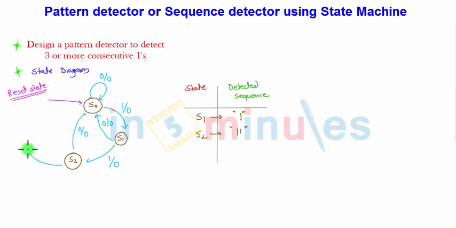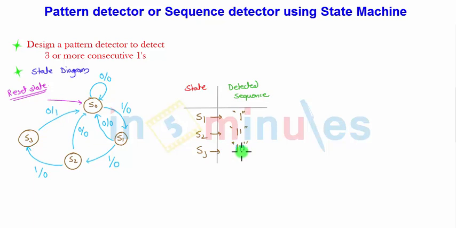If the input is 1, the output is 0, since 3 ones are detected only now, and it will move to state S3. S3 indicates that 3 ones are detected. Now for S3, if the upcoming input is 0, it will return to the S0 state and the output is 1, which means the sequence 111 is detected.